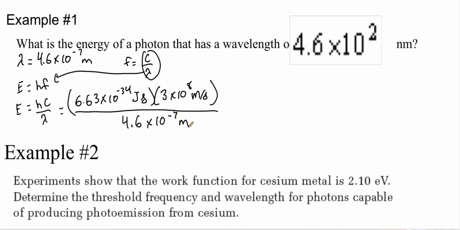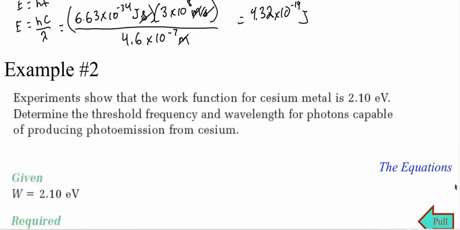Now we do my unit cancellation, and I know my answer will just be in joules. When I calculate that on a calculator, I'm going to end up getting 4.32 times 10 to the negative 19 joules.